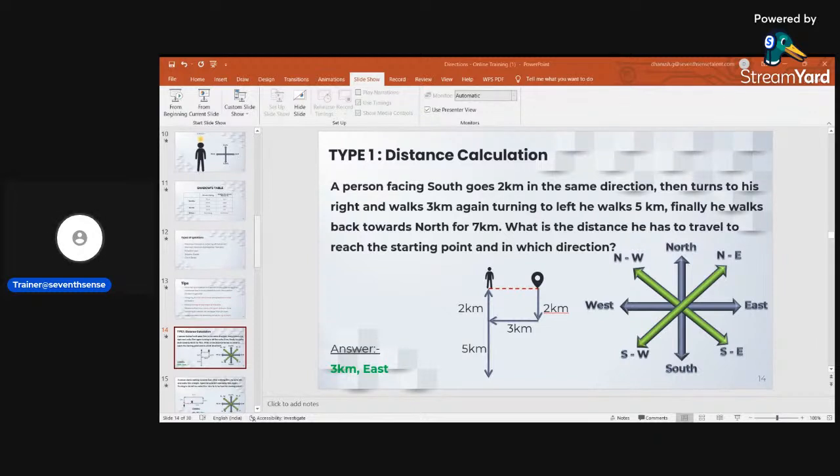Okay, so a person is facing towards east. East is this side.